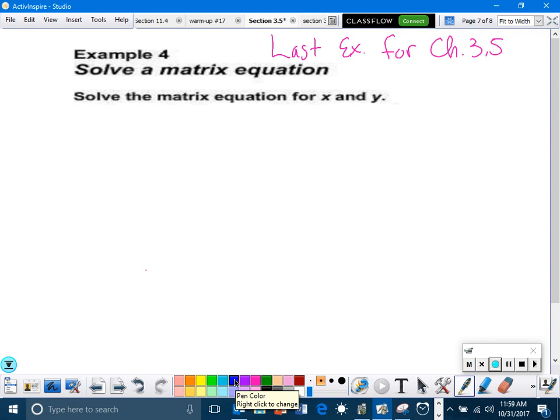All right, so example 4, we're going to solve a matrix equation. And we're going to solve the equation for x and y. All right, so I'm going to go ahead and put the matrix on the screen.